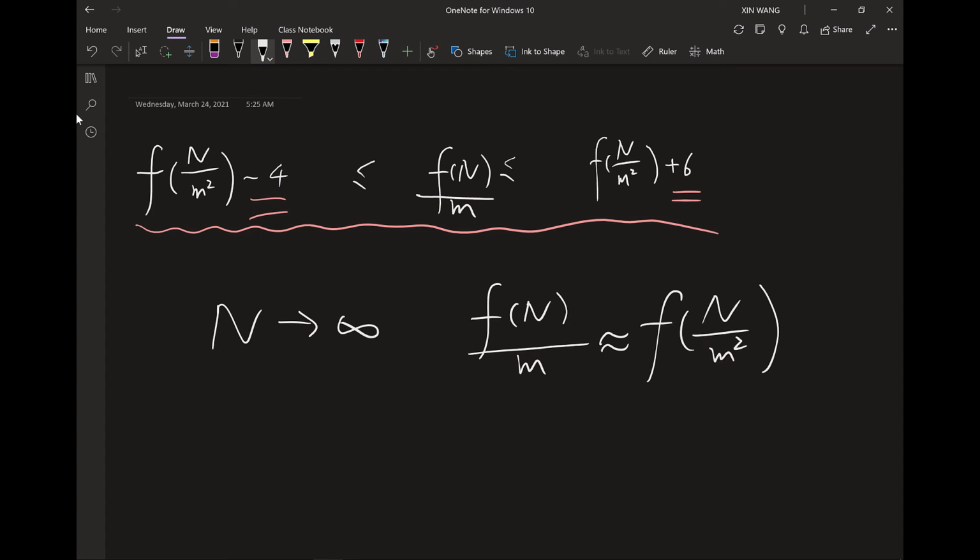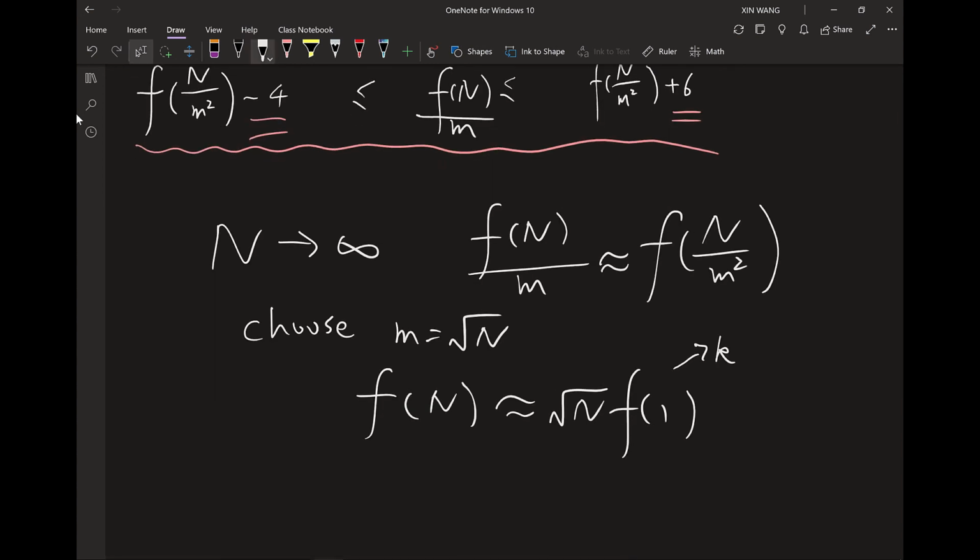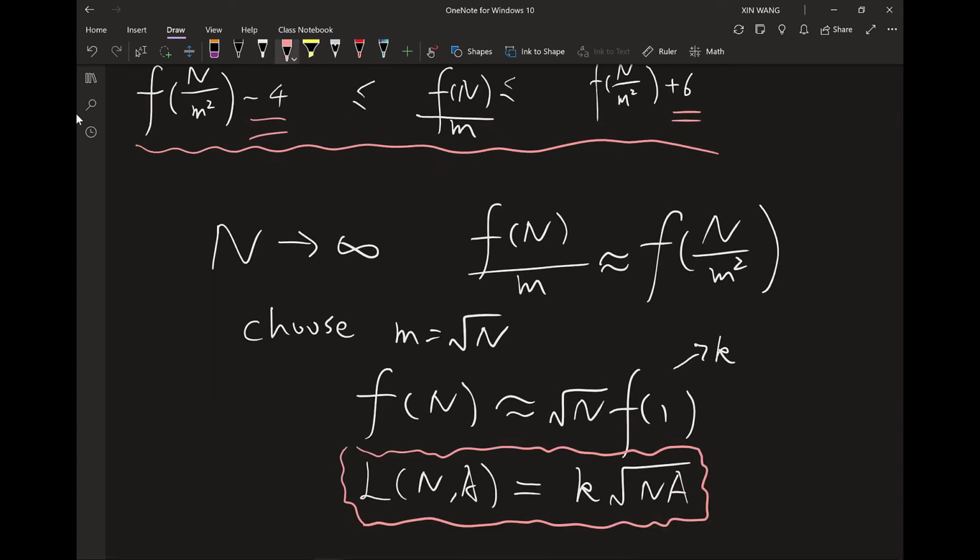Because n is sufficiently large and m is based on our decision, we can choose m equals the square root of n, and then we approximately have a constant times f1. In this case, we have proved this for when our market area is a square.